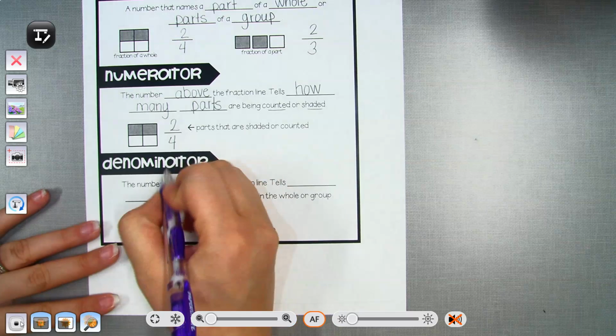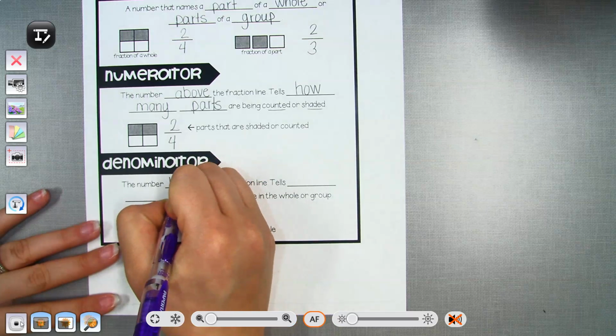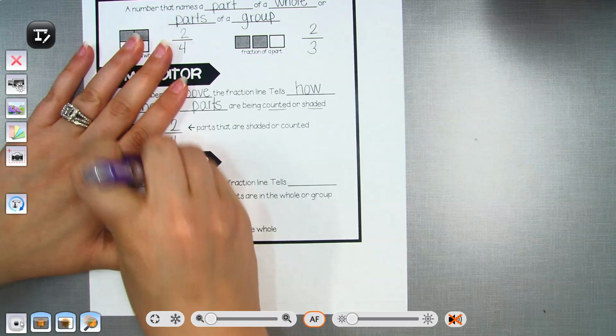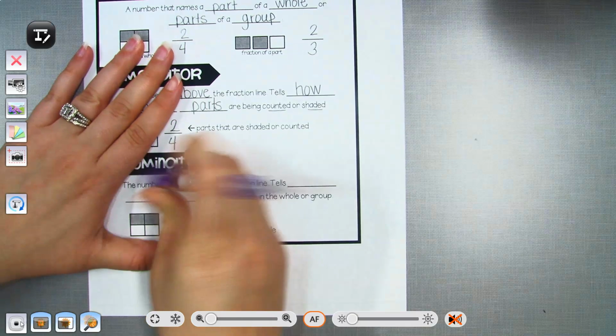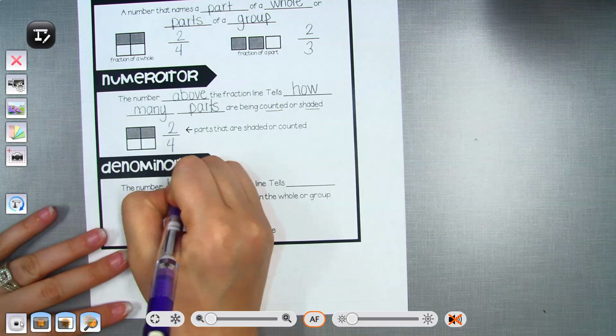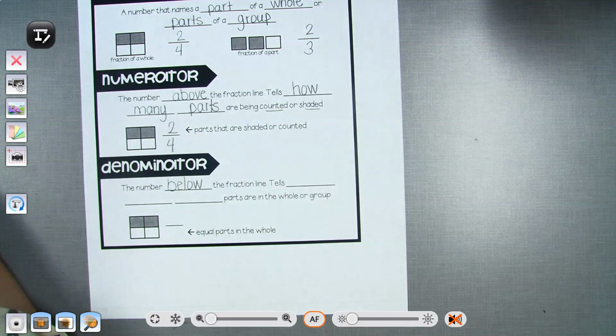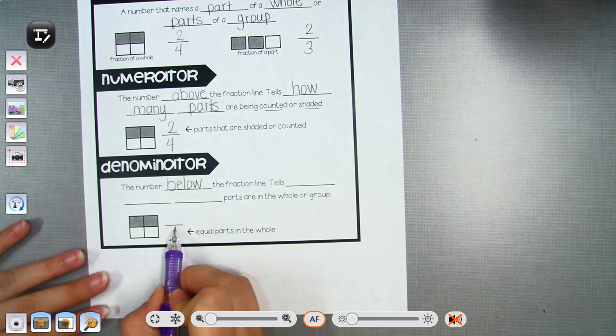Denominator is the number below the fraction line. So here's the fraction line.